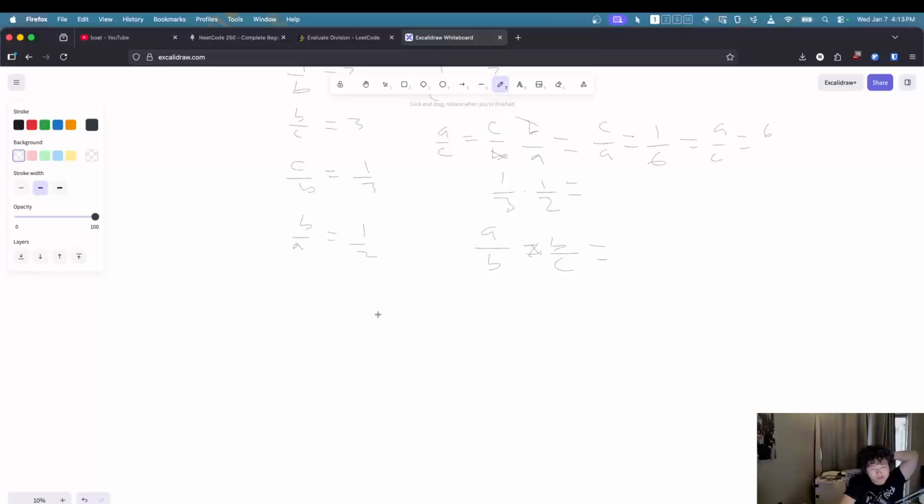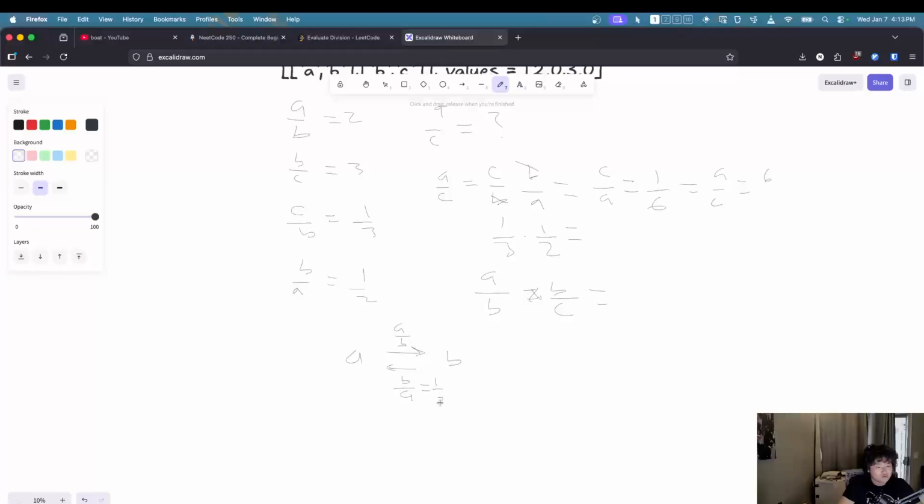So the graph is basically, for every single letter, it's like a double directed graph. A directed edge from A to B is saying A over B, and then from B to A, we're saying B over A, which is also the result, which is 1 over 2, and A to B we're saying 2.